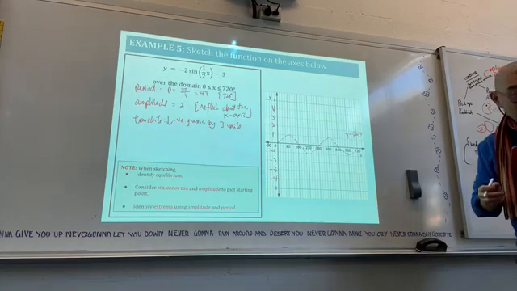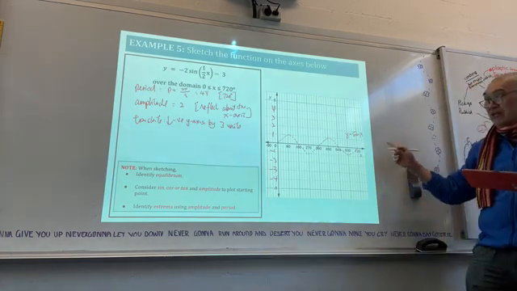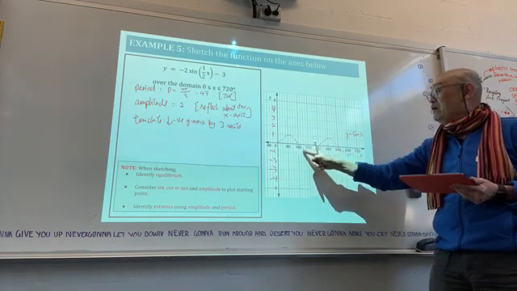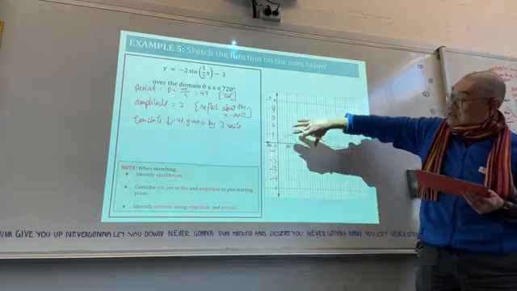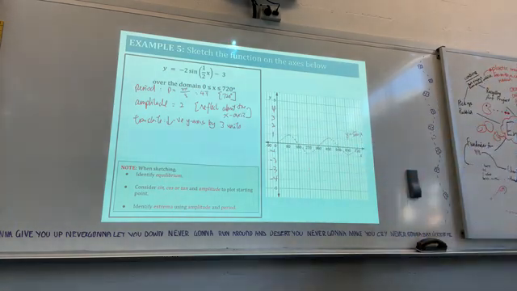Now the next thing you know is that the period is now 720 degrees, which is 4 pi, which means when we stretch the whole thing out, this bit will disappear. You're just looking at that bit, correct? So start off with the amplitude is 2.